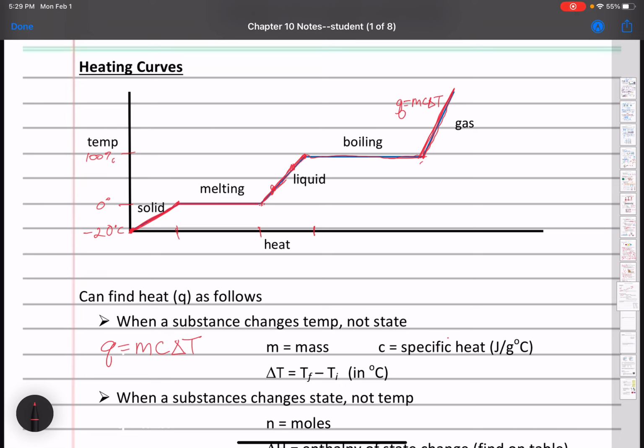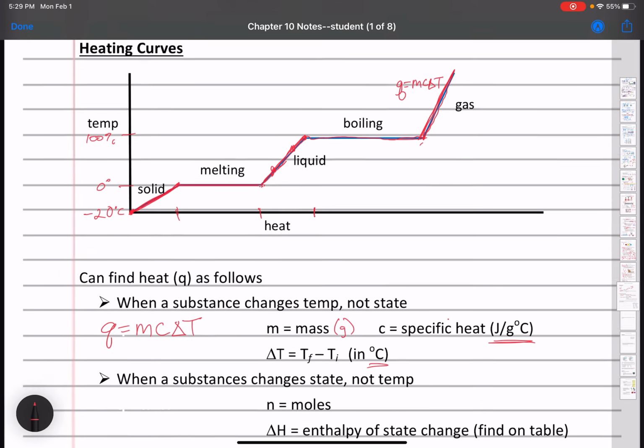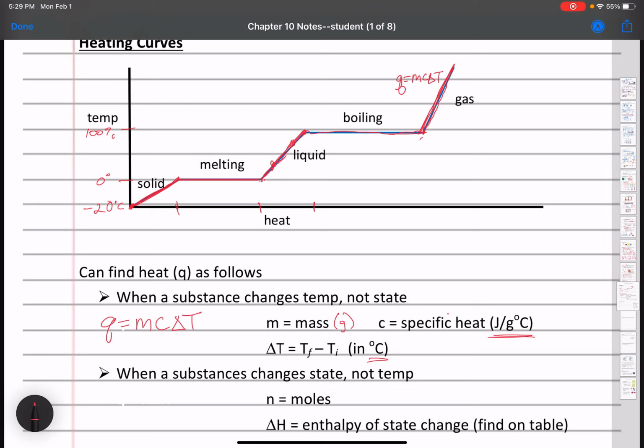Specific heat is usually given in joules per gram degree Celsius. So that means mass needs to be in grams and temperature needs to be in Celsius. If we want to calculate the heat as something is transitioning from one state to the next, but the temperature is staying the same, then we are going to use this equation: heat equals moles times the heat of that state change.